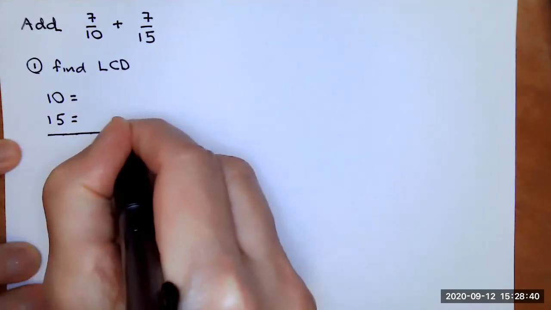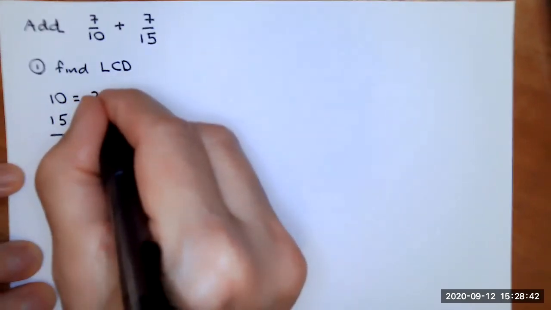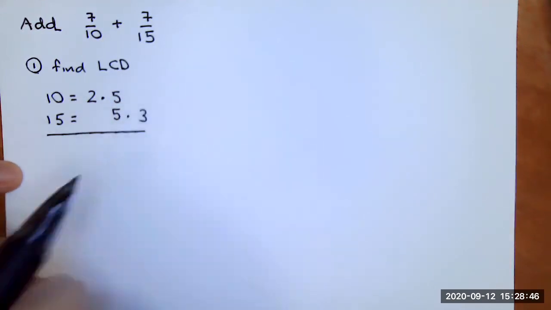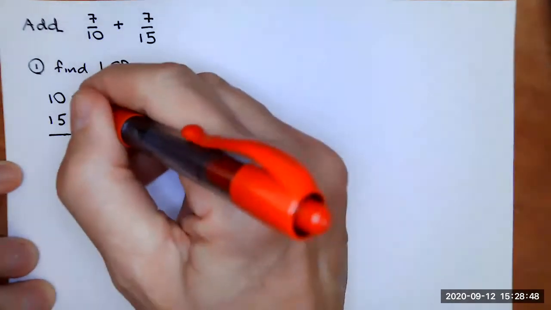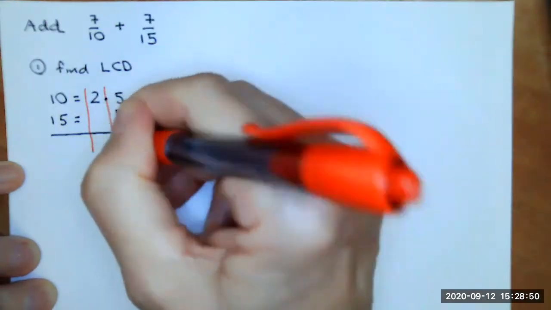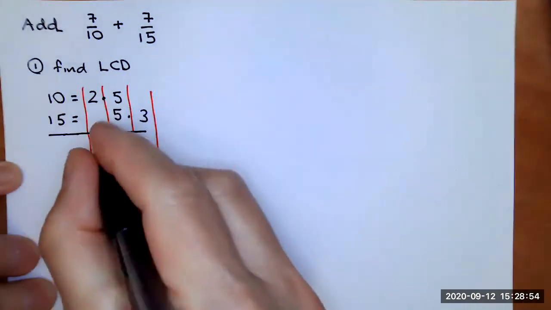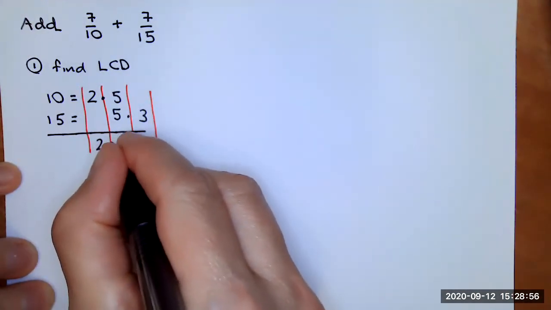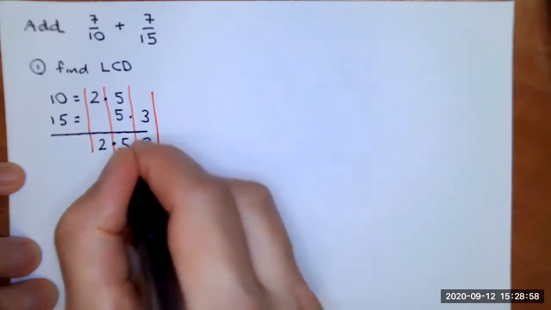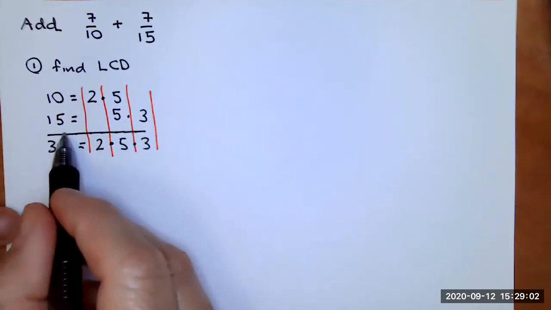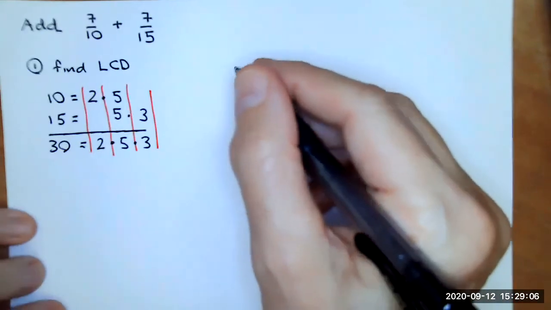Remember, put the prime factors in your chart. So you can find the smallest number that 10 and 15 go into. And that's 30. So 30 is going to be my new denominator.